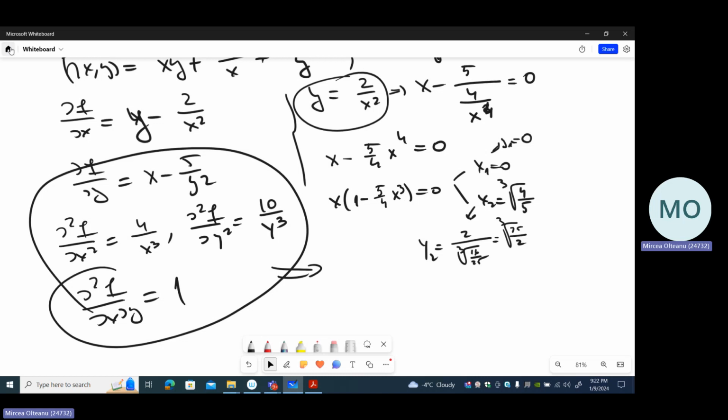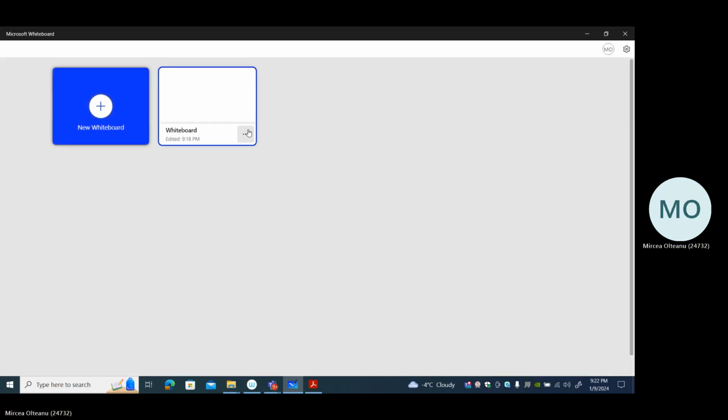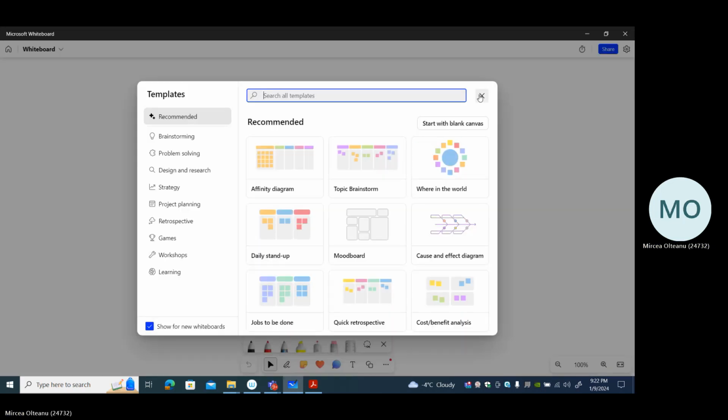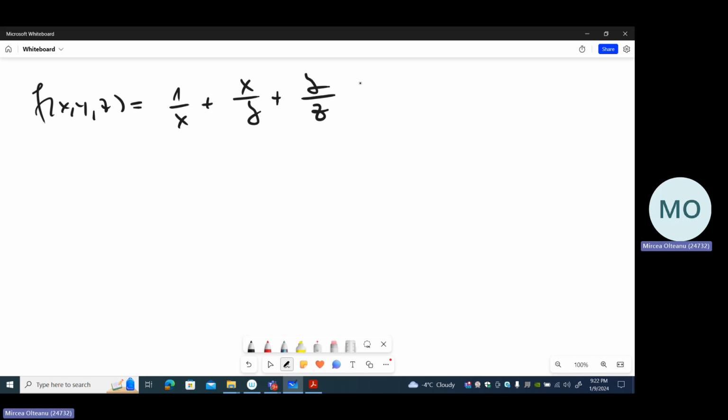Now let's see something in 3 variables. For example, a function of x, y, and z: 1 over x plus x over y plus y over z plus z. Here, of course, x, y, and z must be, all of them, different from 0.